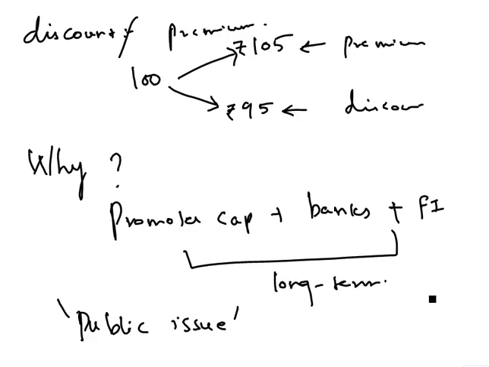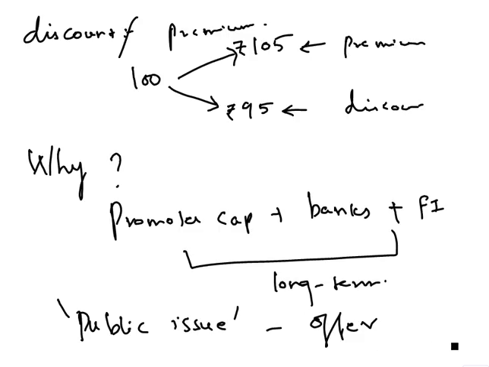A public issue is an offer to the public to subscribe to the share capital of a company. Once a company allots shares to the applicants as per the prescribed rules and norms laid down by SEBI, the shares are allocated to the individual investor. This is how a company issues shares to the public.